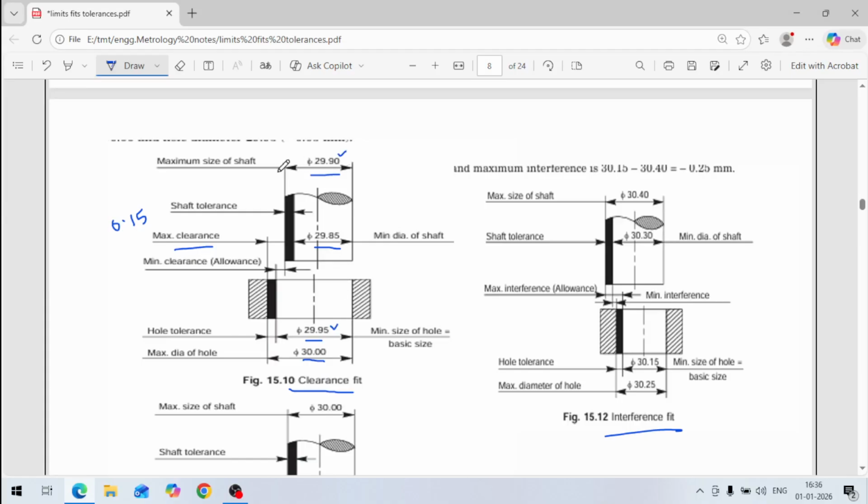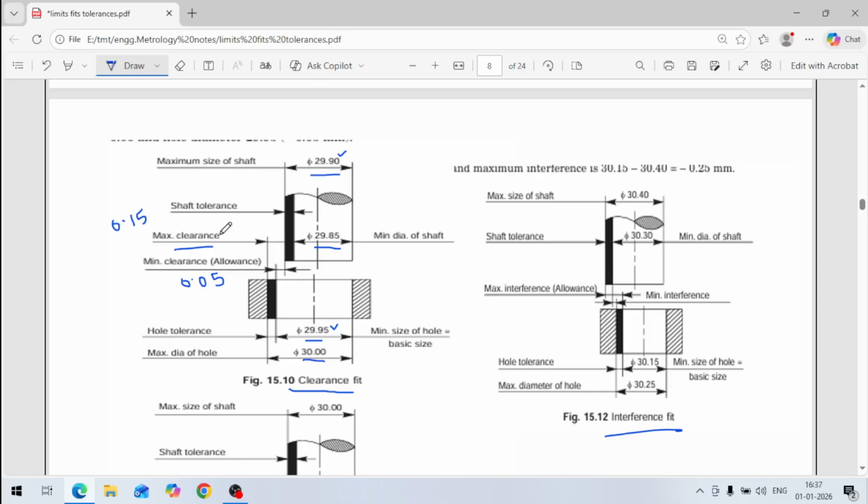So the clearance will be 29.95 minus 29.9, which is 0.05 mm. So this is the minimum clearance and this is the maximum clearance.